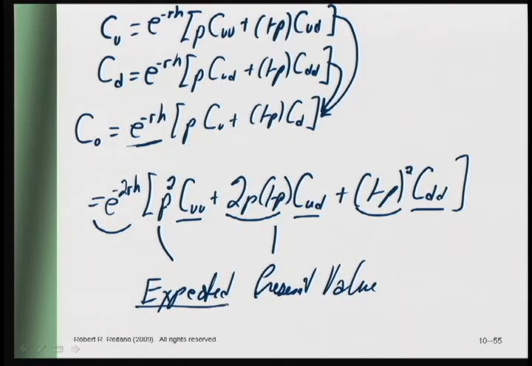The expected uses the binomial probabilities of the states at expiry, up-up, up-down, and down-down. And the present value is at the risk-free rate, 2 periods instead of 1. This formula will be generalized further in the next module, where we'll look at multi-period option pricing.